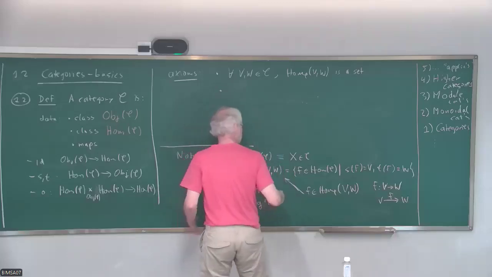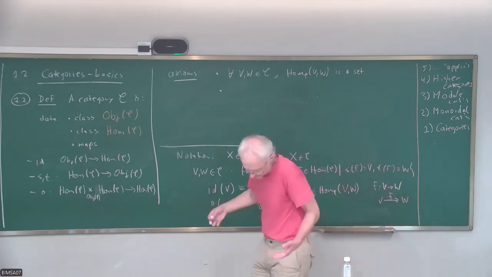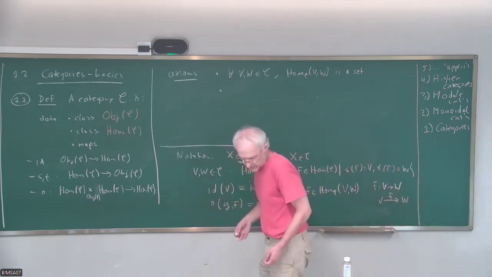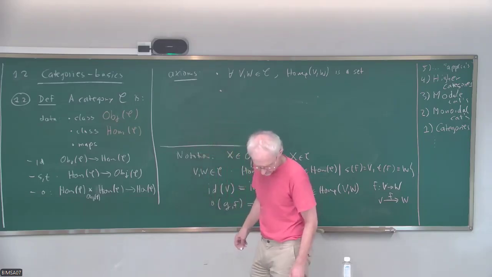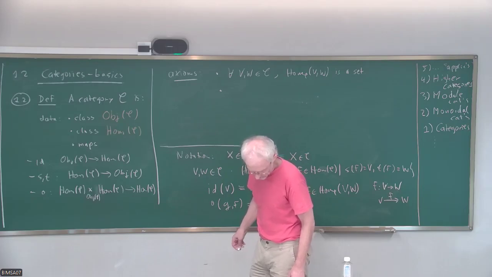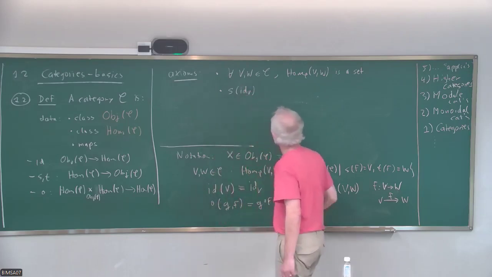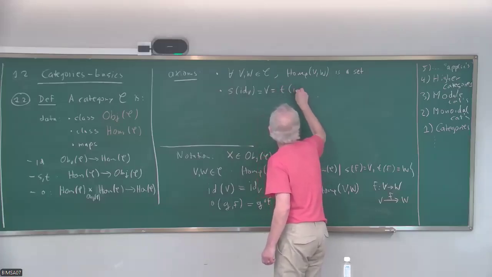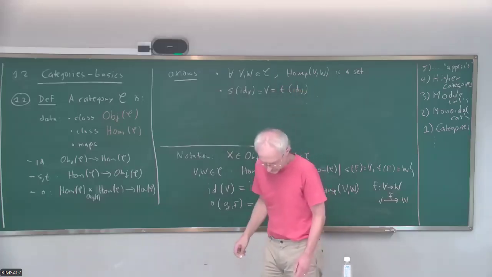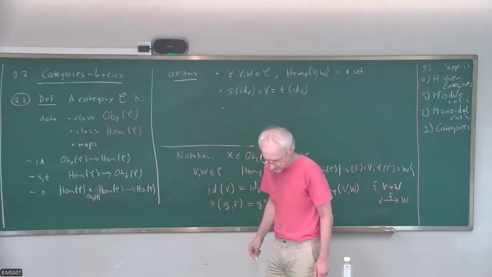Then the terminology that I have used is sensible, meaning that if I take in particular the starting point of the identity of V, then this is V and also the target. And then this has the property of identity.